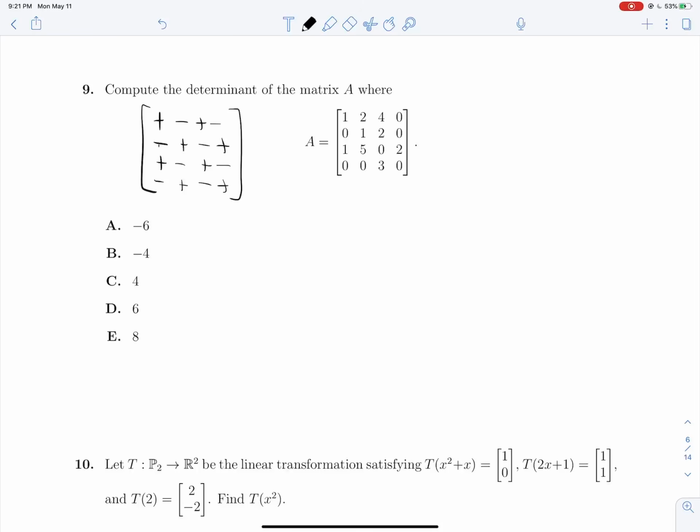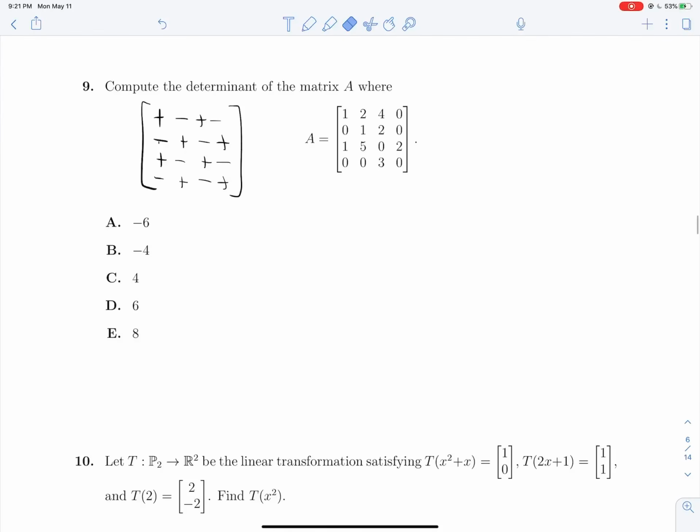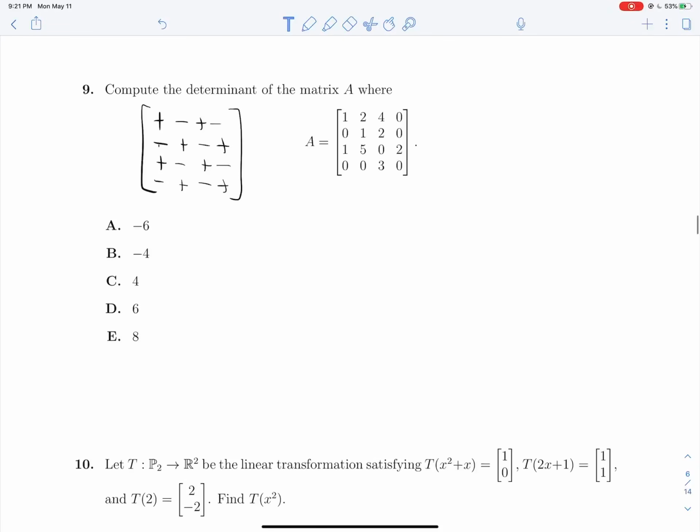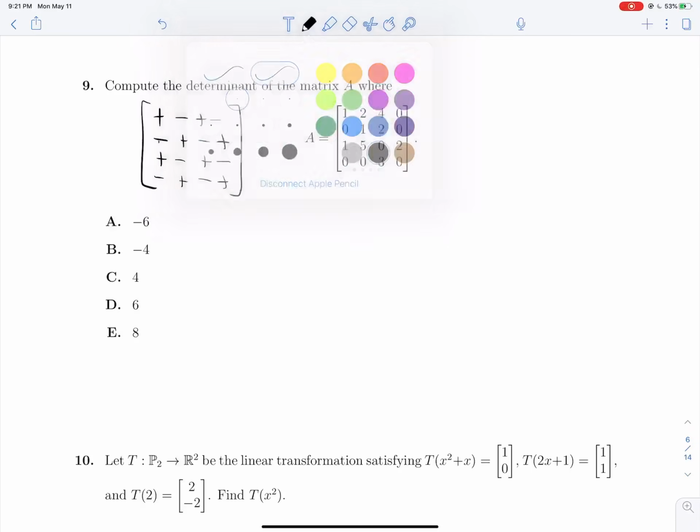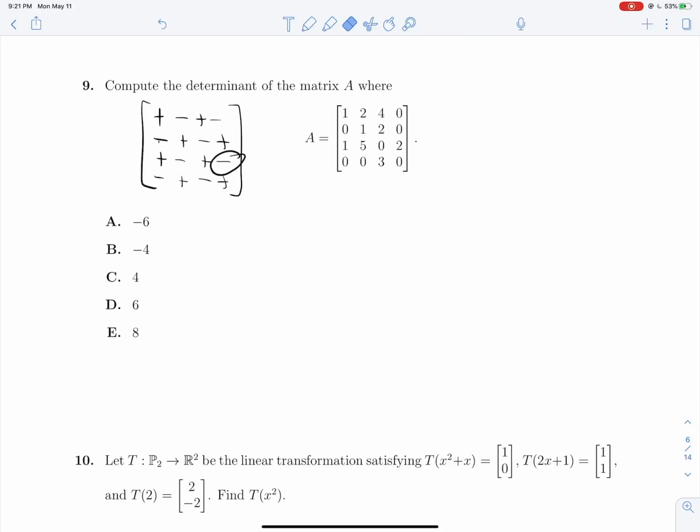Well, if we have something like this 3 or this 2, an element that's in a row or a column all by itself, what we can do is pull that outside of our matrix, but we have to make sure that it comes out with the sign associated with it from this matrix.